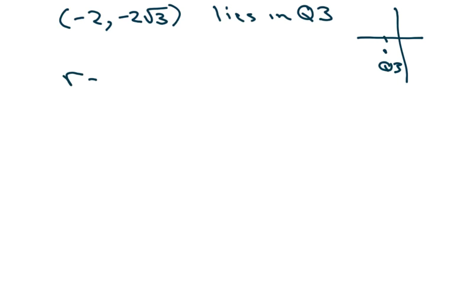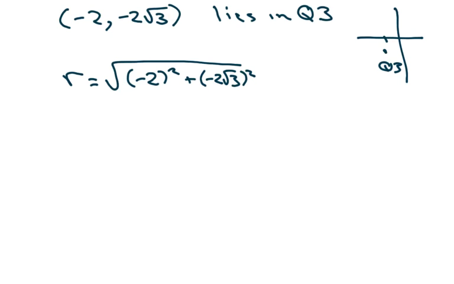So r equals the square root of negative 2 squared plus negative 2 square root of 3 squared, which gives you the square root of 16, which equals 4.